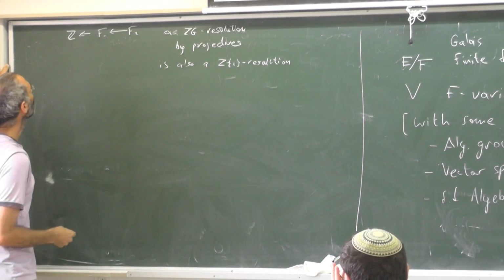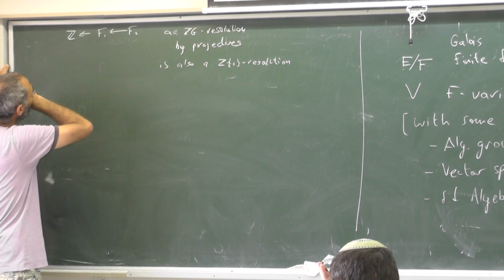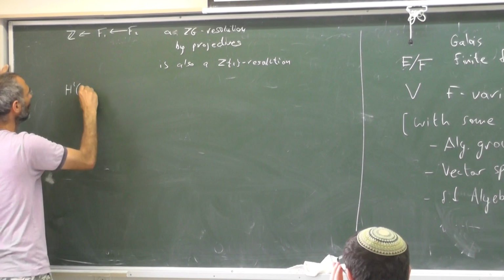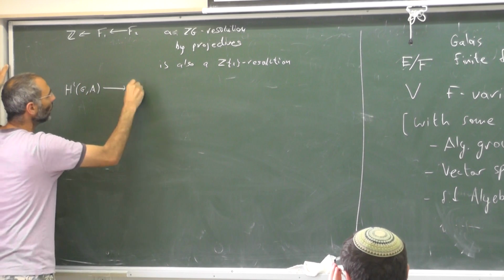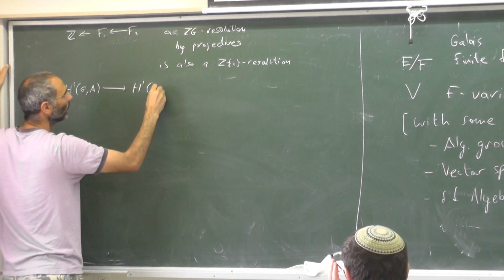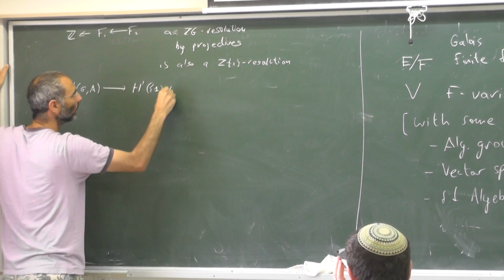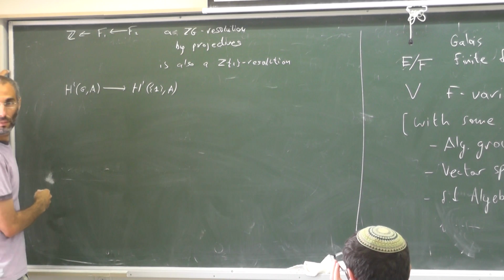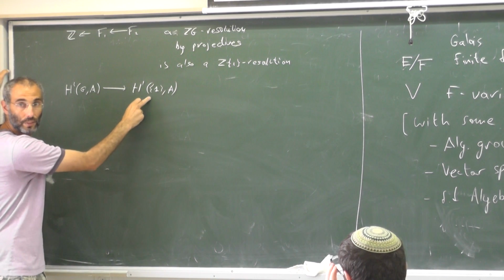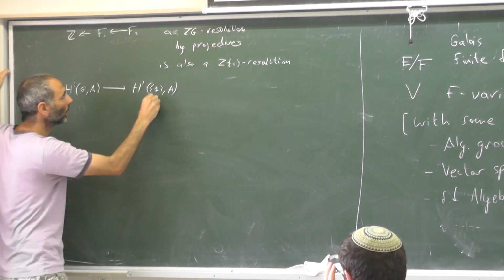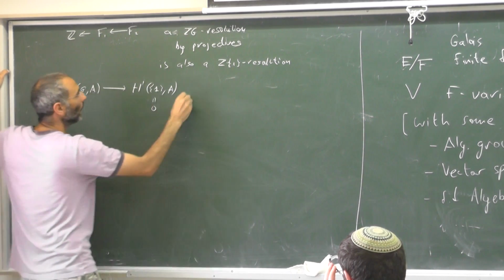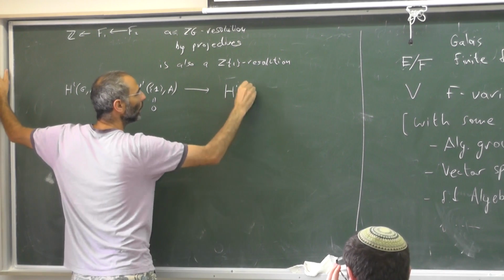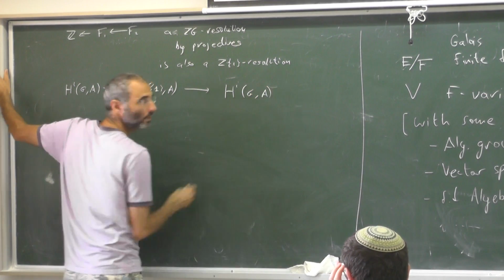So the thing is that I may define a natural map from H^i(G, A) to H^i of the trivial group with coefficients in A, just by forgetting the group structure. Of course, this is trivial. This cohomology is trivial. And there is yet another natural map, back to H^i(G, A).